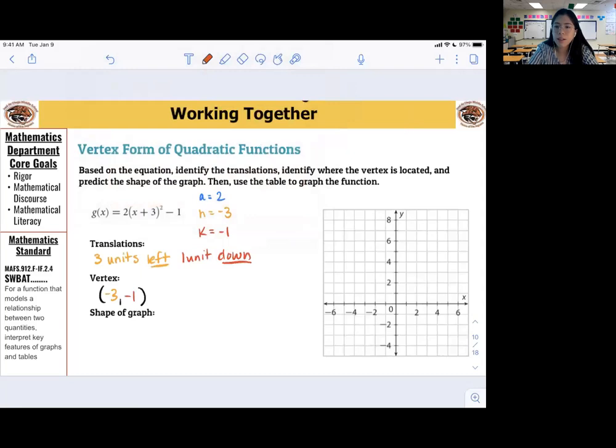And Bianca, what's the shape of the graph going to be?